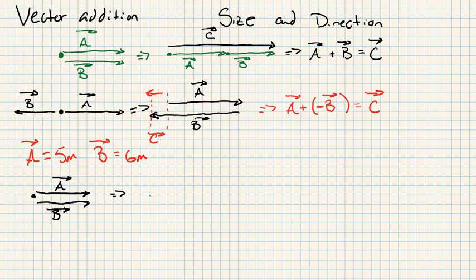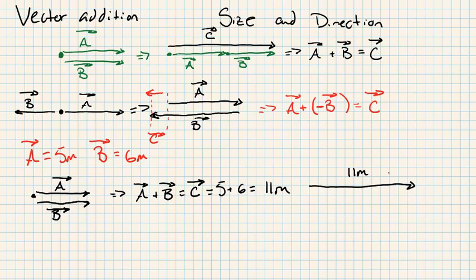So now we're going to go ahead and go A vector plus B vector equals C vector, which in this case is 5 plus 6 equals 11 meters. And if we were to draw that out, it would look something like this. A C resultant vector of 11 meters.